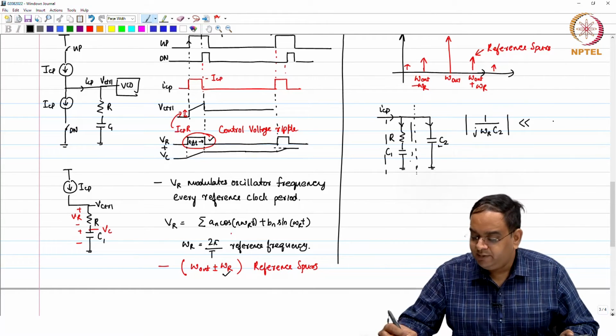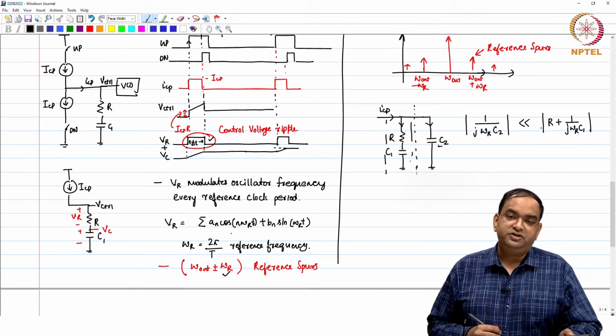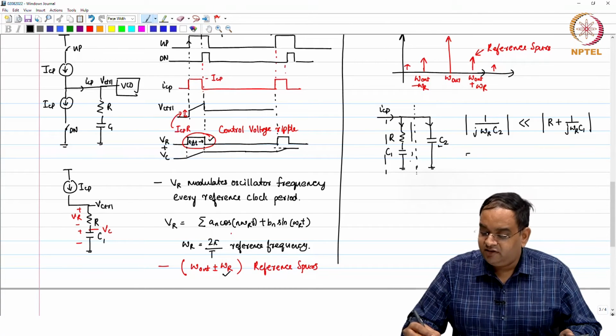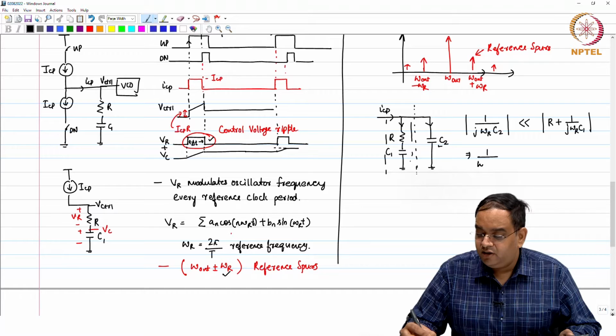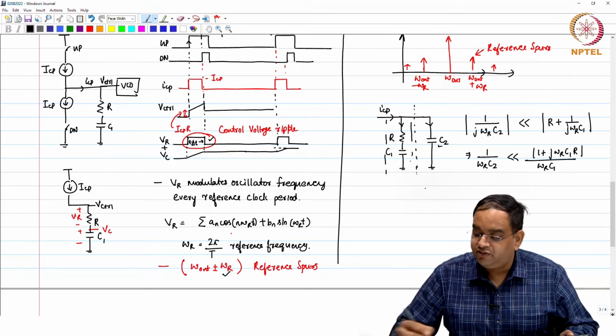So, in order to do that, what do I need to do? I need to have the magnitude of 1 over j omega r C2 much smaller than R plus 1 over j omega r C1. If that is the case, you can just rewrite it: omega r times C2 is larger than the magnitude of (1 plus j omega r C1 times R) divided by R omega r C1.